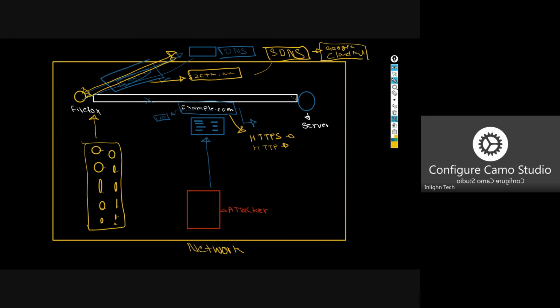And if this website is still accessible in HTTP, then this is the HTTP downgrade attack. In this case, if the attacker simply intercepts this traffic and removes the S, then your encryption is gone, right? Then you are in HTTP mode. Now all your data is visible.